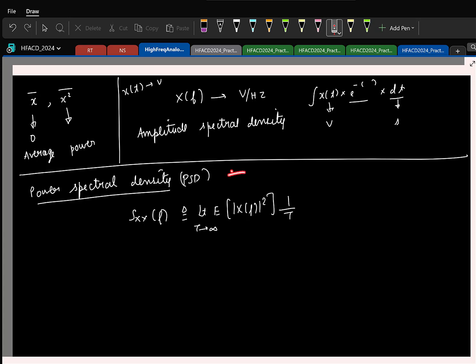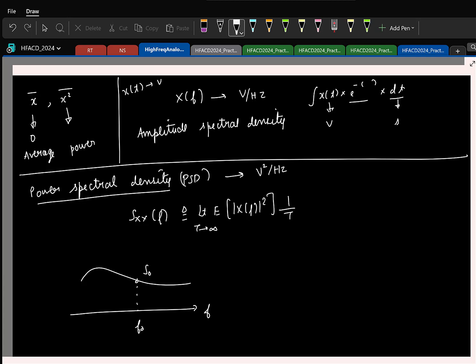And what is the unit of power spectral density? Amplitude spectral density is volts per hertz. So power spectral density, once again, is a density function. What that means is the following. If I plot this power spectral density and at some frequency f0, I find that the value is s0, it doesn't mean that the signal has a sinusoid at frequency f0 with power s0.